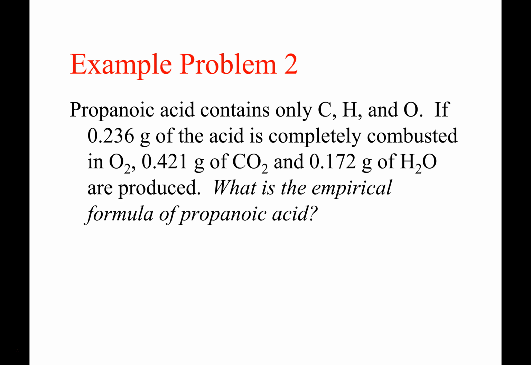So we can go from the grams of carbon dioxide to the moles of CO2 using the molar mass, right? And then we can go from the moles of CO2 to the moles of carbon using the relationship. There's 1 mole of carbon for every 1 mole of CO2.